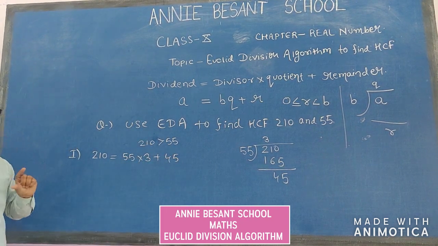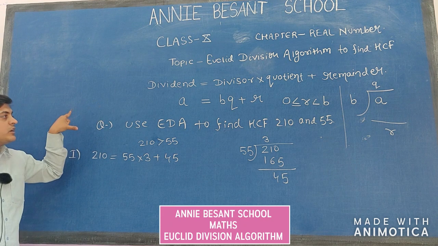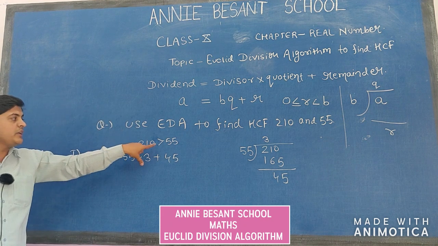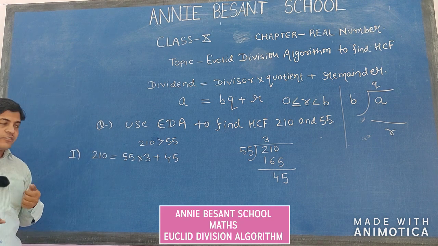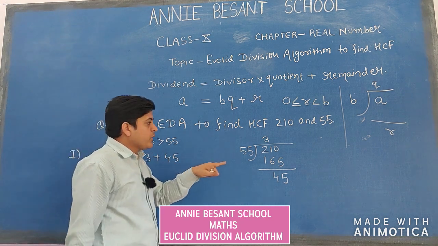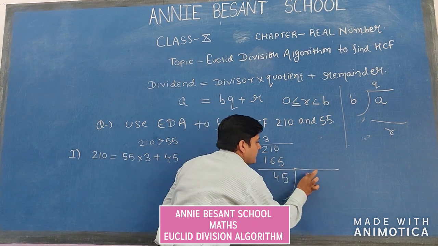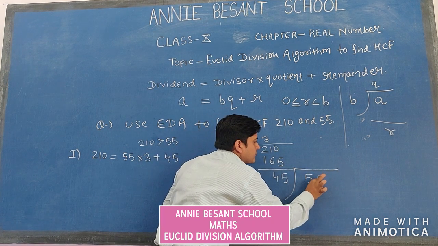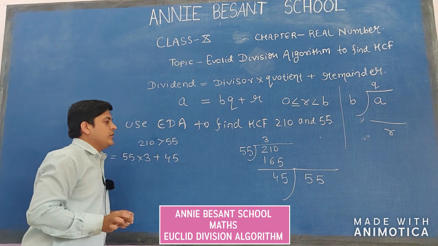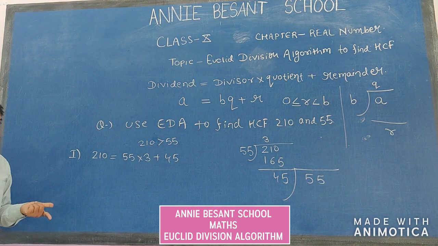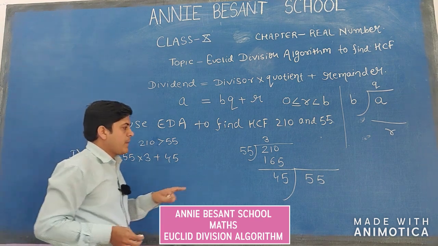After that, this is our simple step to find out the Euclid division lemma. We apply that Euclid division lemma to the two numbers. In the next step, 45 is our divisor and 55 is our dividend, because we can divide 55 by 45.